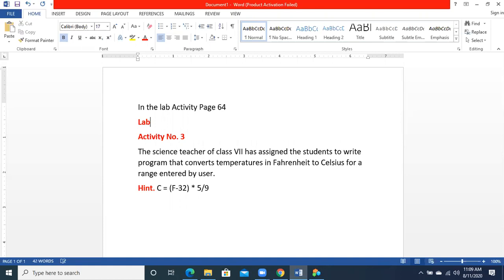Anyway, lab activity 2. What is basically the activity number 2?